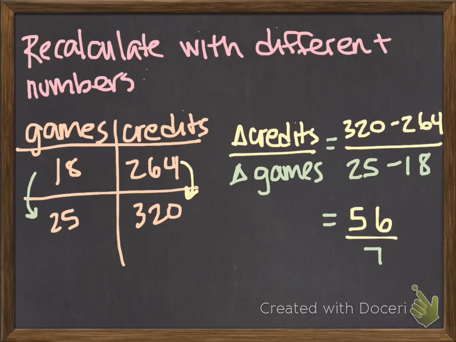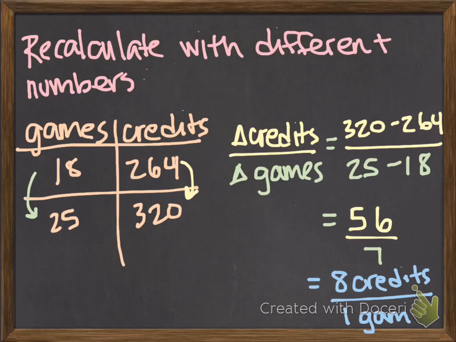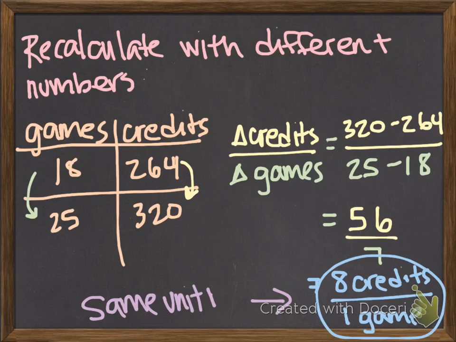Okay, so we've got 56 divided by 7, which is the same thing as 8 credits divided by 1 game. And what's interesting about this is that it's the same unit rate. That's important. It's not changing throughout the day. All day long, it's the same rate.